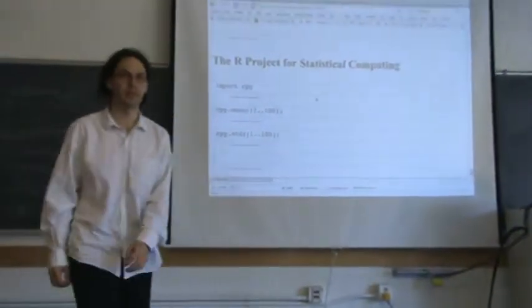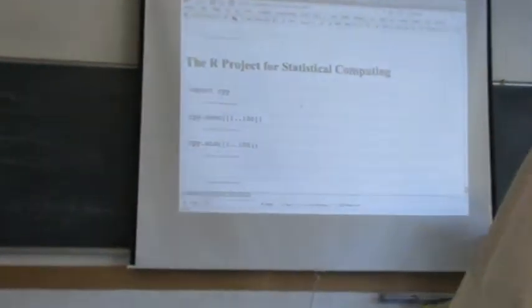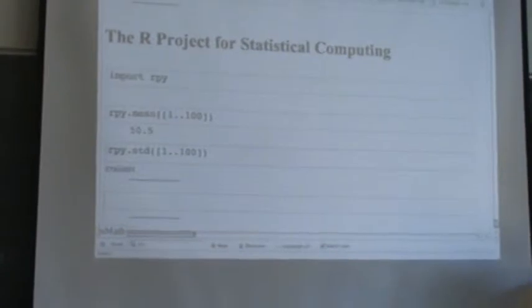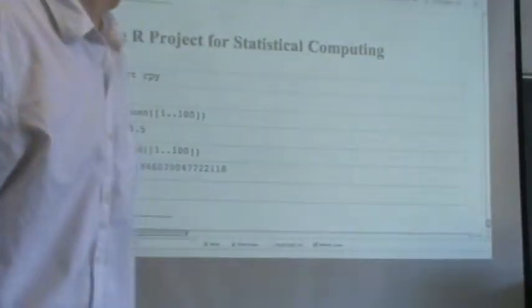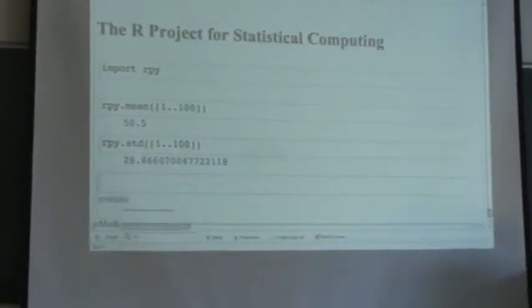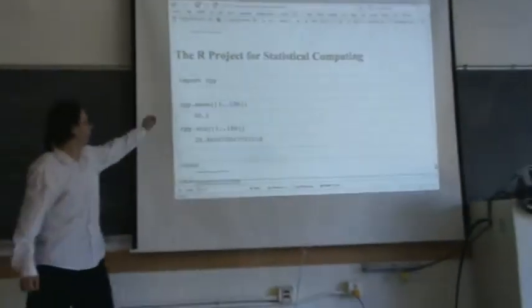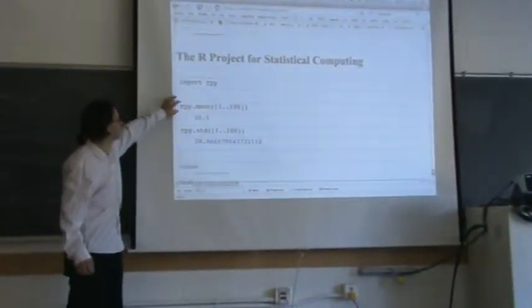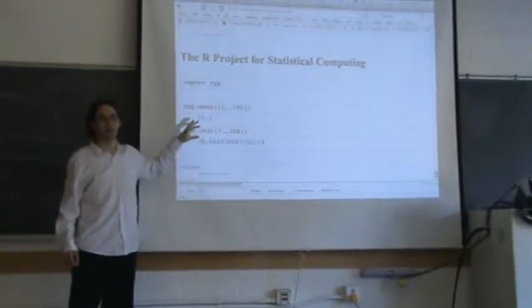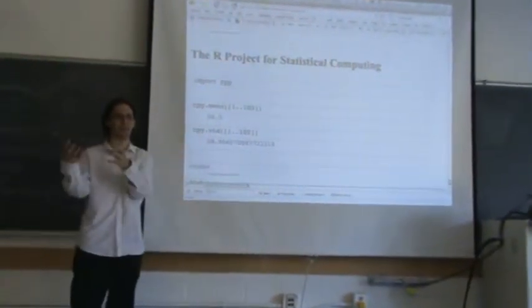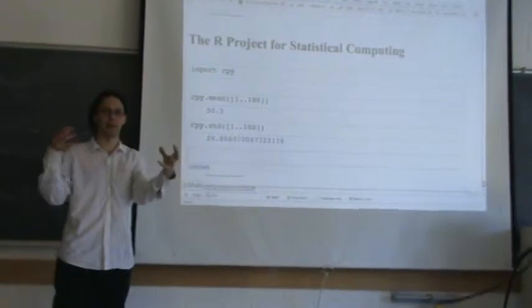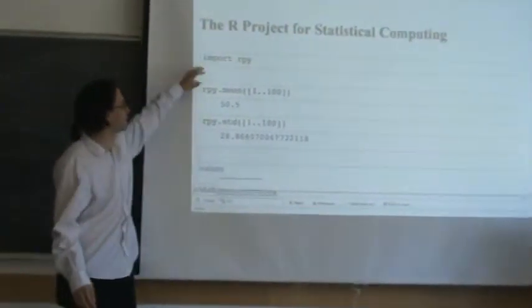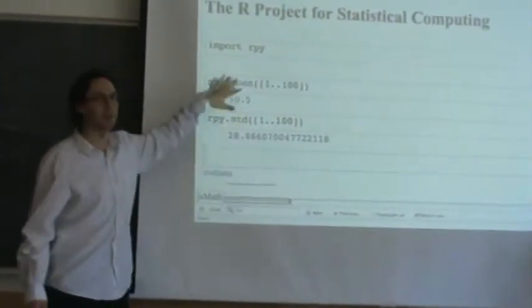So here's a really, really simple example of using R in Sage. Compute the mean and standard deviation of the same data that I mentioned before. But there's a way to turn any command that you would type into R into a command that you type here. And if you look at the RPy website, RPy being this interface between Python and R, it explains how to turn R commands into RPy commands.